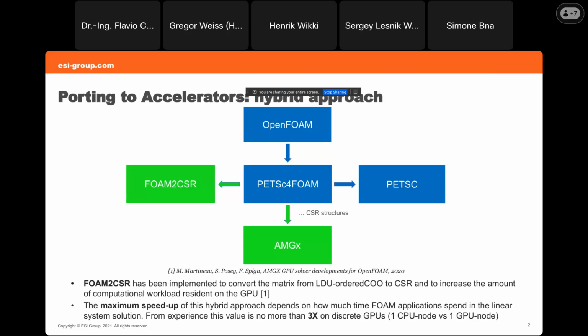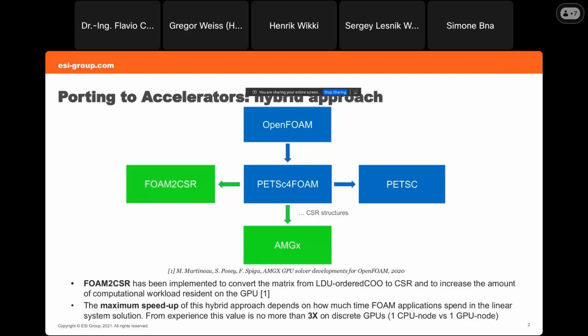This approach, as I told you, only offloads the linear algebra part to GPUs. So according to Amdahl's law, the speedup you can achieve is strongly related to the time spent in the linear algebra part of the entire workflow. If you have an incompressible problem, for example, where the pressure solver requires many iterations to converge, this approach can give you a reasonable improvement.